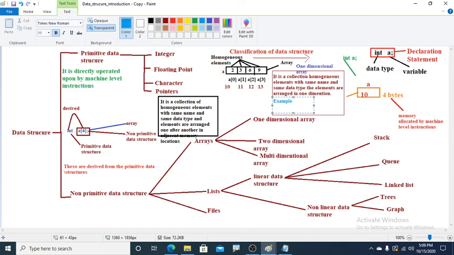Multi-dimensional means more than two, so 3, 4, 5 also we can take. I am writing here int b of 2, 3, 5. This is an example of a multi-dimensional array.